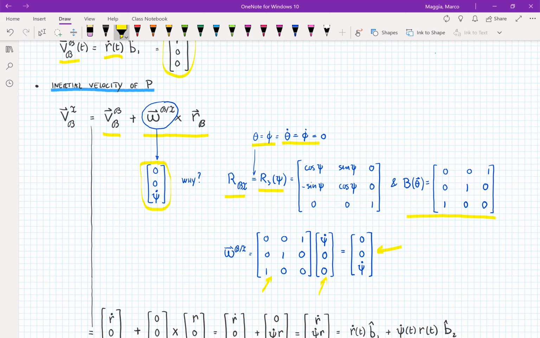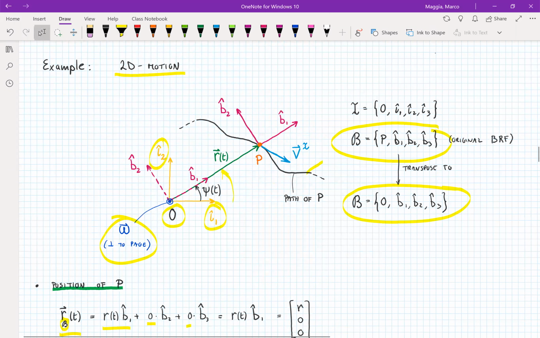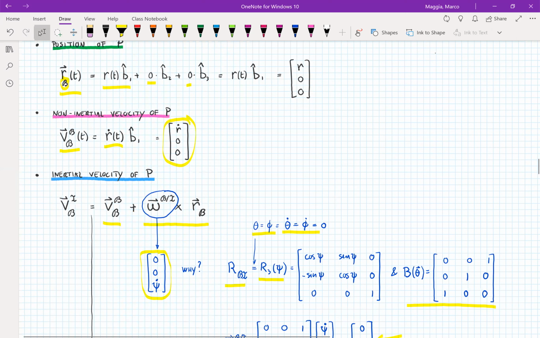So it was kind of obvious in this case because the rotation is only about the z-axis since P remains in the plane of the page. But this is how you construct it in general.